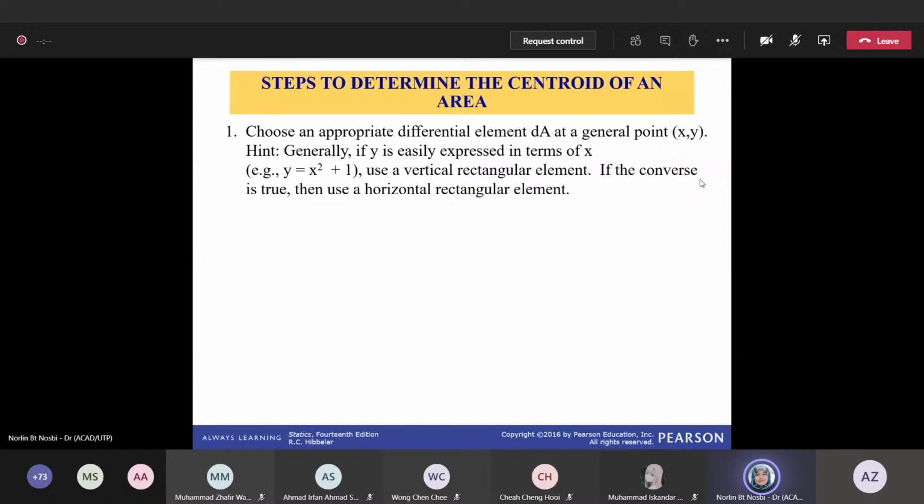For example, y equals x squared plus 1. This shows you an easy equation in terms of x, so you should use a vertical rectangular.